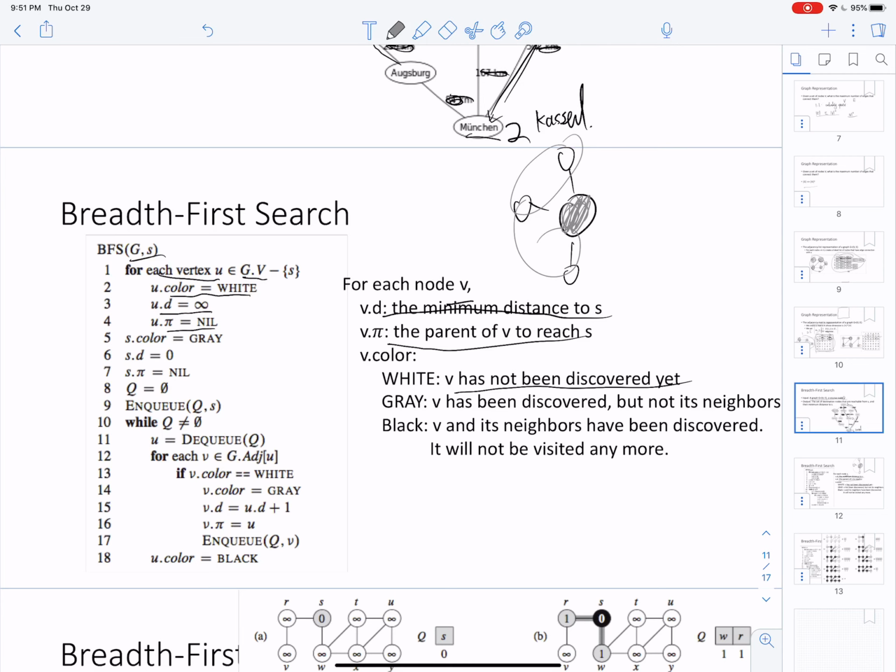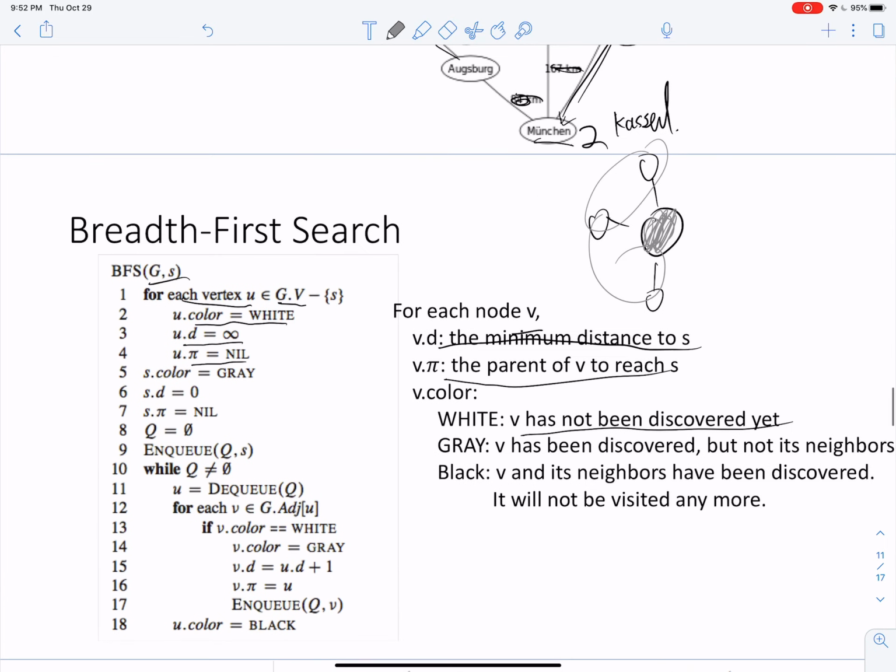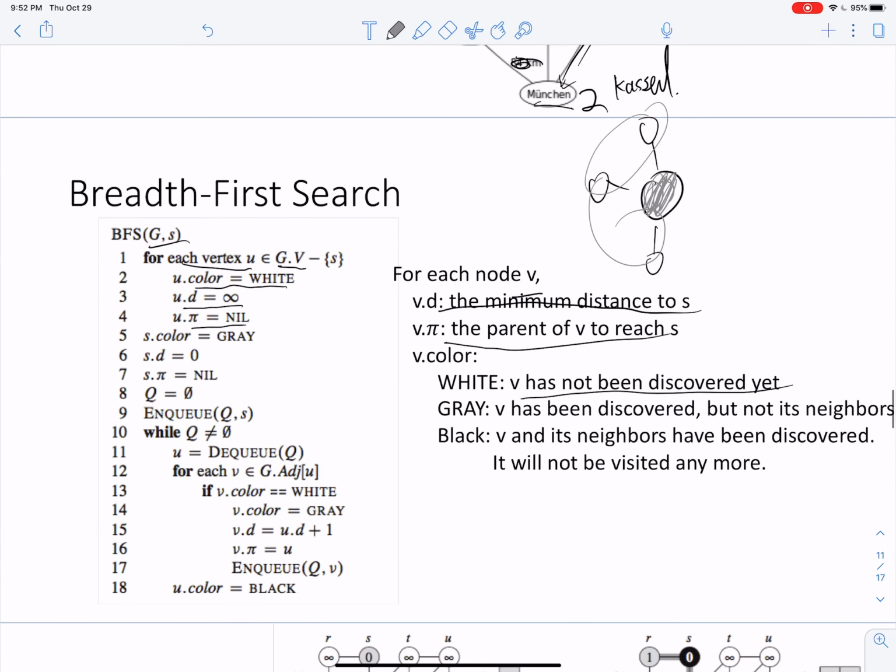Whereas if we associate a node with a black color, it means that we finished visiting this node as well as its neighbors, so there is no need for us to visit this node again. So this is the meaning of the colors.